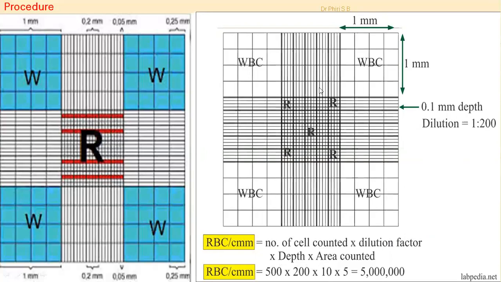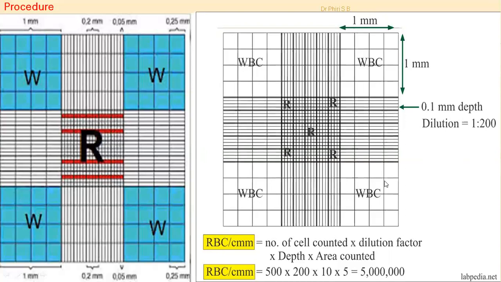Then when you do those multiplications, the product that you're going to find is the total number of red blood cells. So you have factored in the dilution so that now you're converting to the actual number of cells in whole blood before dilution. That's why you're multiplying with the diluting factor.